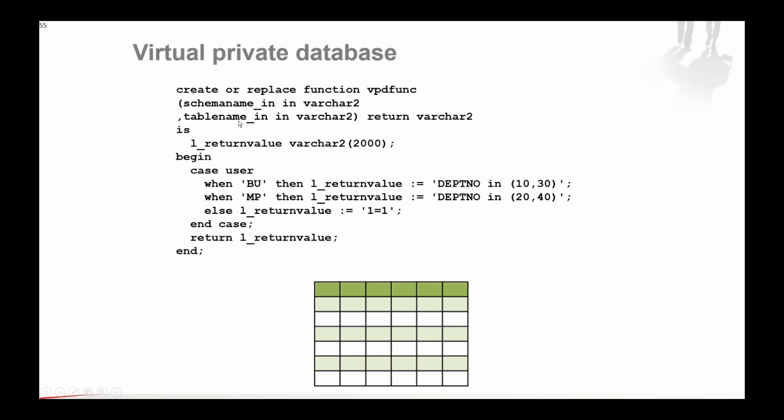Then in this function you create an extra predicate which gets added to your query. So I do a select from the emp table, and it just adds where department number in 10 or 30 if I'm a business user, and department number in 10, 20 if I'm a maintenance person. And if I'm neither one of those, then I'll just get to see everything.